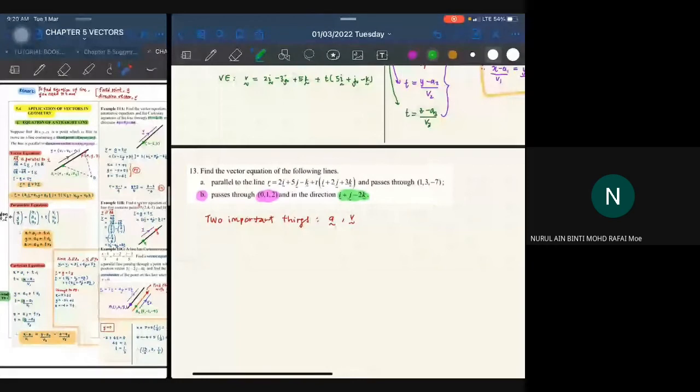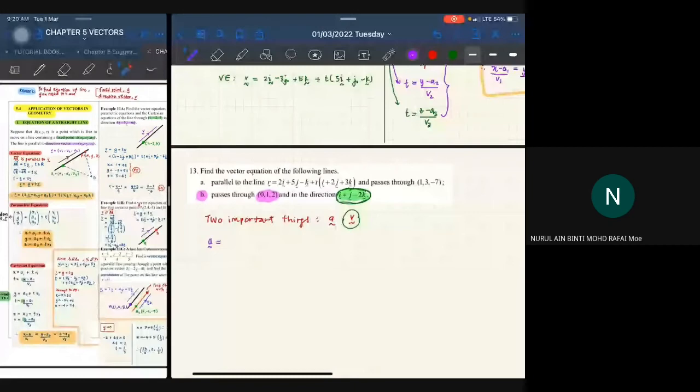There is no other point selain daripada yang ini. So yang ini memang akan jadi kita punya fixed point. And this is going to be our V, direction vector kita. Okay, so vector kita settle. Awak dah memang dapat dia dalam bentuk V. Okay, so for our fixed point A, you need to write it in the form of a vector. So we have A is equal to 0i, so you don't have to write the I.